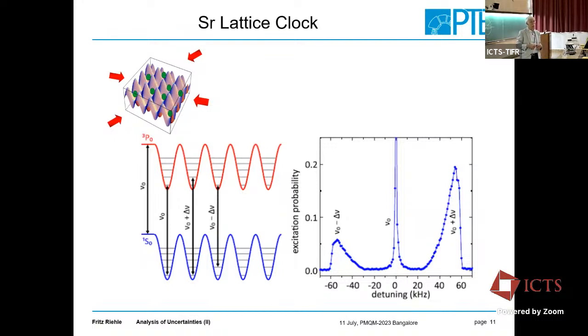So the nuclear clock, if we find the transition eventually, is you have transitions also in the nucleus, thorium, for instance.